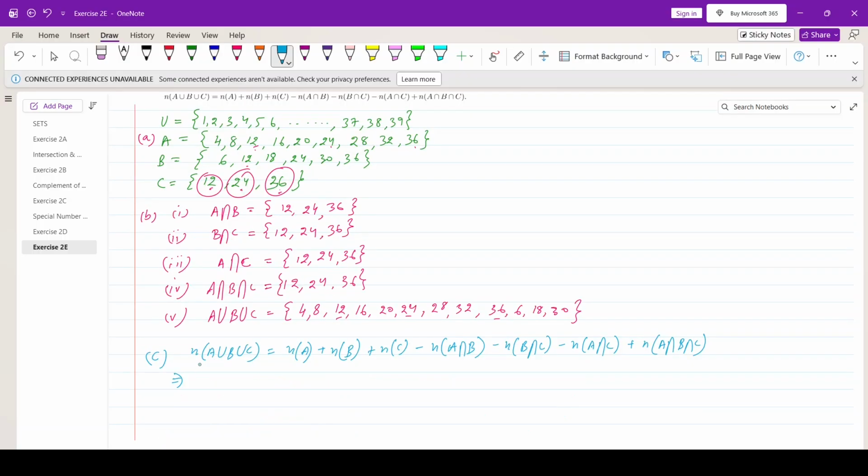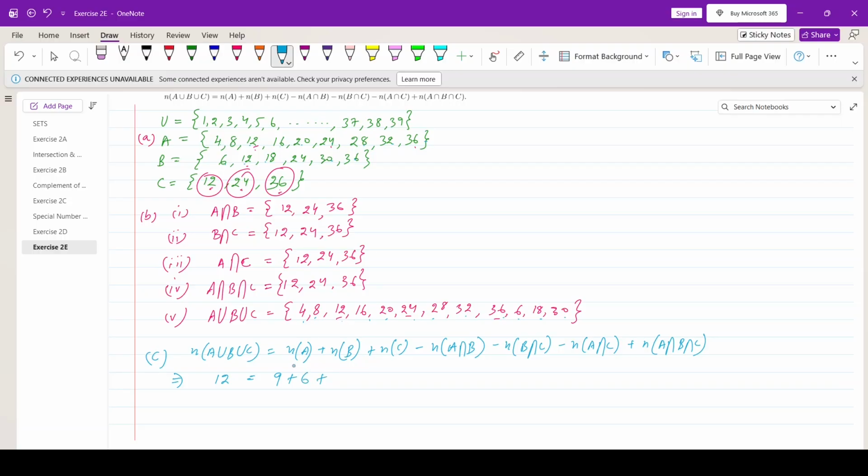So from here we can write the number of elements in A union B union C is 1, 2, 3, 4, 5, 6, 7, 8, 9, 10, 11, 12. Number of elements in A is 1, 2, 3, 4, 5, 6, 7, 8, 9. Number of elements in B is 1, 2, 3, 4, 5, 6.